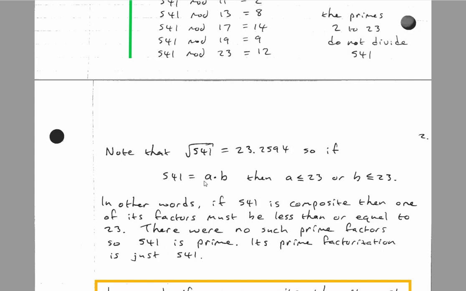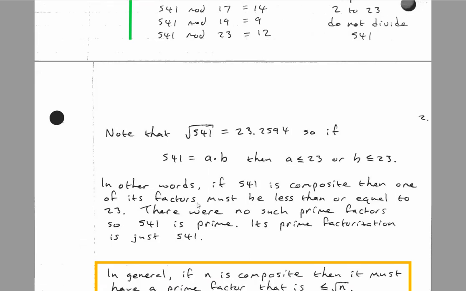So it's not composite. It doesn't have two smaller factors. So what's the prime factorization of 541? Well, it's just one number. It's the prime 541. Just like the prime factorization of 7 would be just 7.